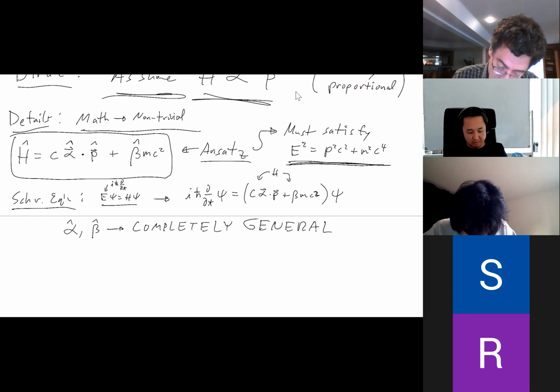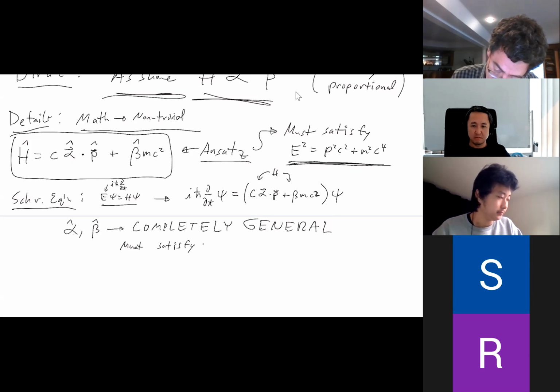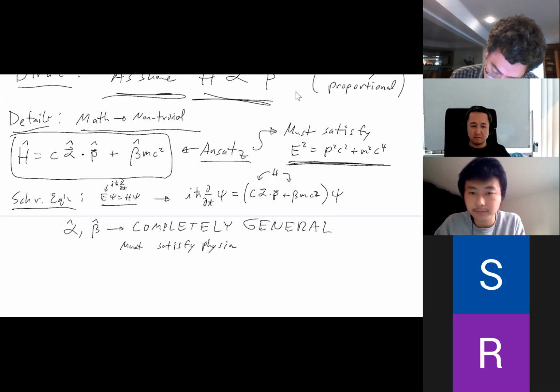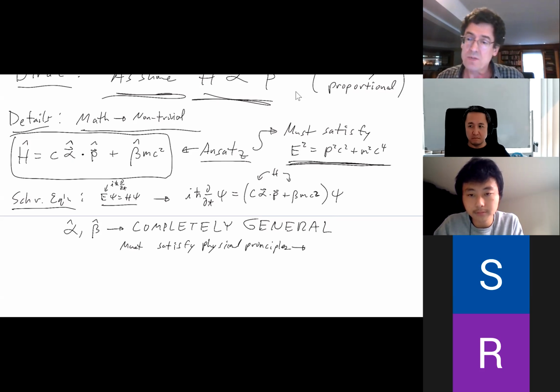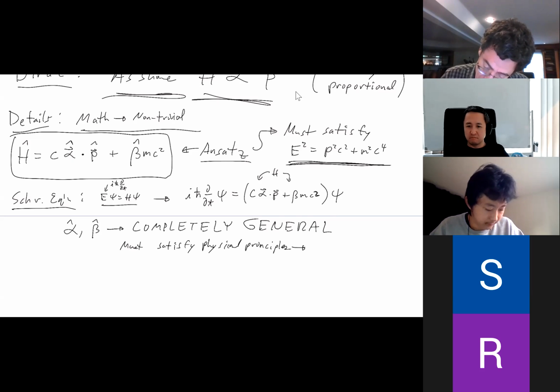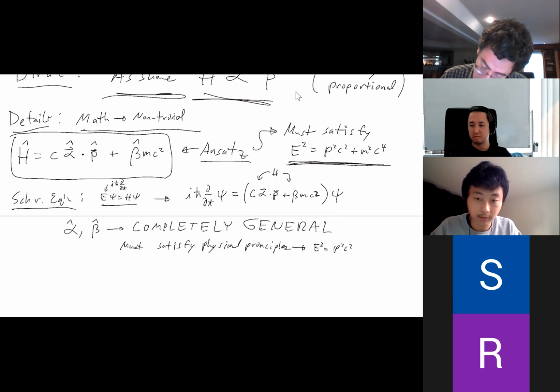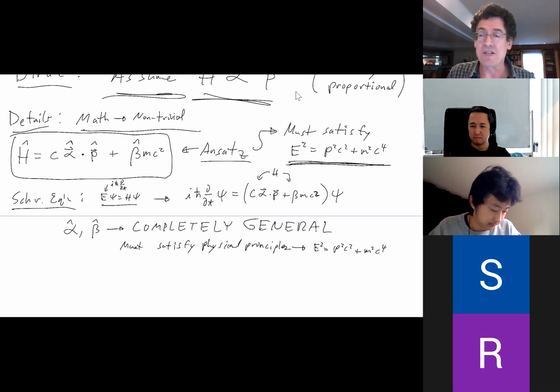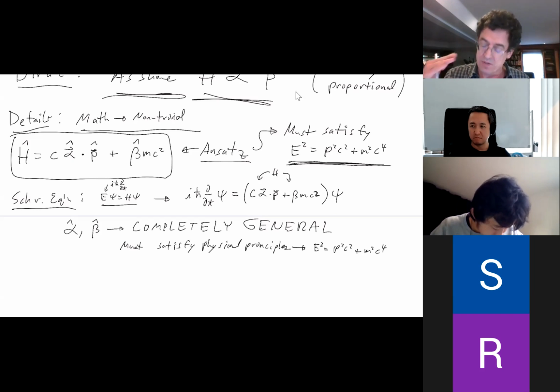The only assumptions are that they must satisfy the physical principles. And what are the physical principles that he knew? He knew that E squared equals P squared C squared plus M squared C to the fourth. Nobody wants to fight that because classically we know that to be true.